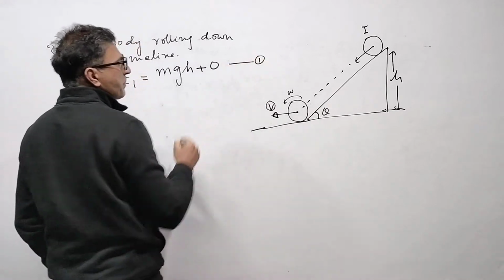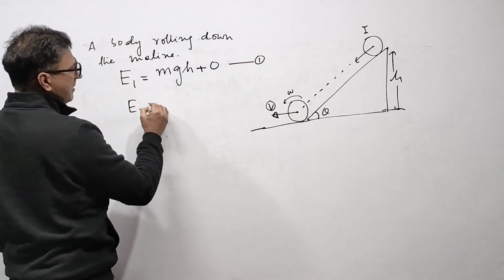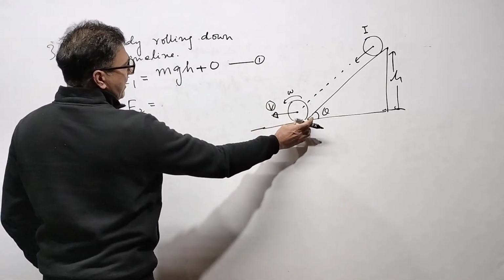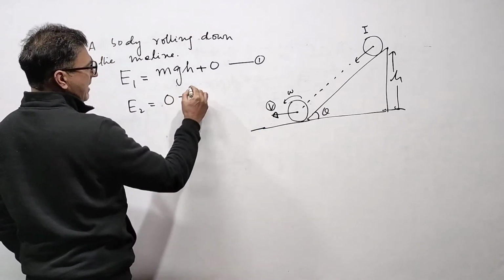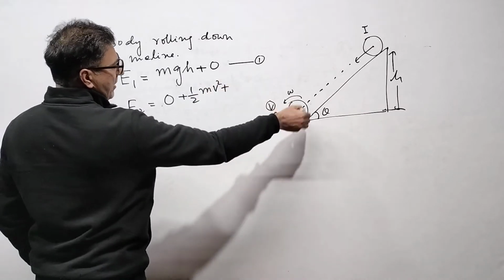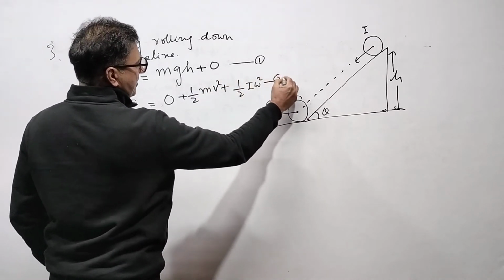Equation first. When the body reaches the ground, the potential energy is 0, plus kinetic energy 1 by 2 mv square, plus rotational energy 1 by 2 I omega square. Second equation.